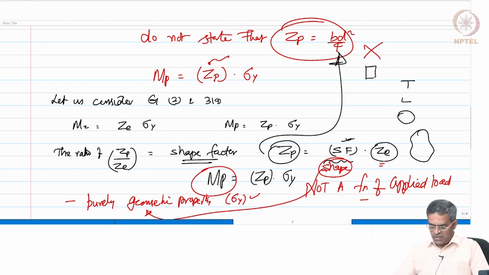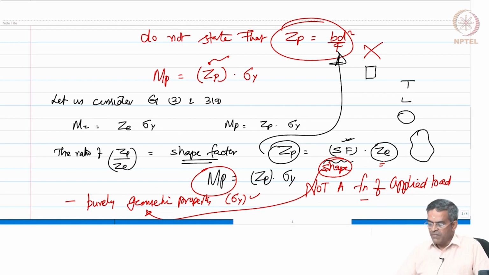Please look at structural engineering handbook IS SP 61. For different cross sections of I, C, L angles, you will find Ze, the elastic section modulus, readily available. If the table also gives you a shape factor of that section, you also have Zp with you, and if you have Zp, you can have Mp. So, it takes just a minute to calculate the moment capacity of the section for plastic design.